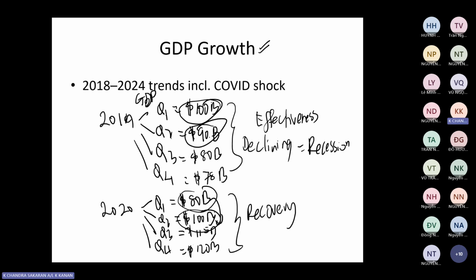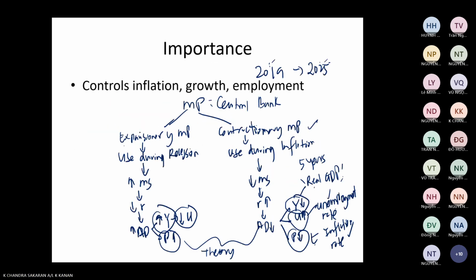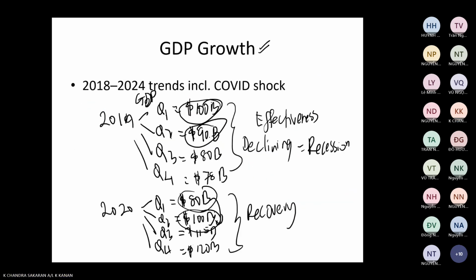So look for data. You must find GDP growth or GDP data, as I told you earlier, from what year to what year? 2019 to 2025 will be enough. Here I put 2018. If you want to have 2018, nothing wrong. If you don't have 2025 data, it doesn't matter.